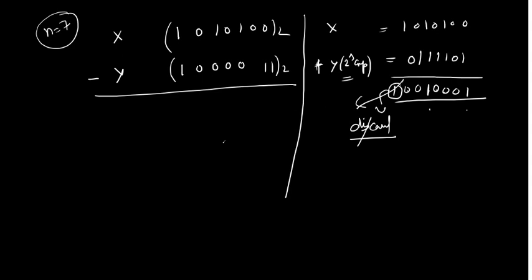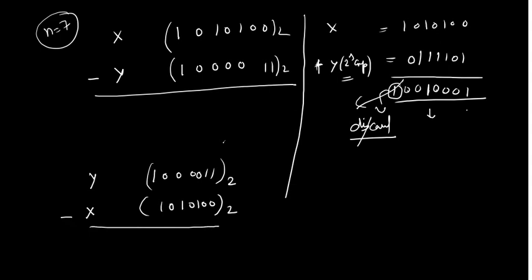You can also repeat this with Y and X. Then you have to take the 2's complement. If you just reverse this and take Y as 1000011 and X as 1010100, and we try to subtract X from Y, you can do it by yourself, and you will see that there will be no carry.